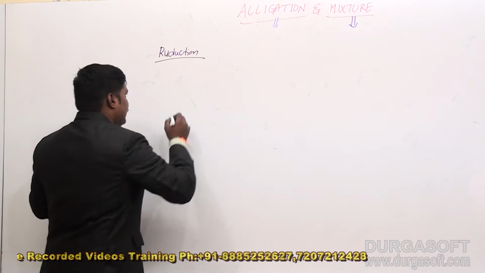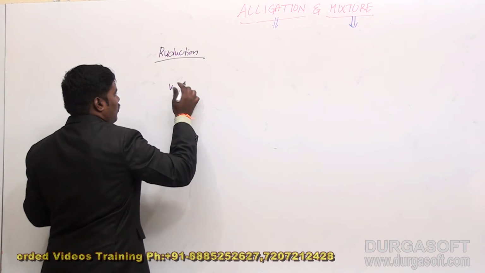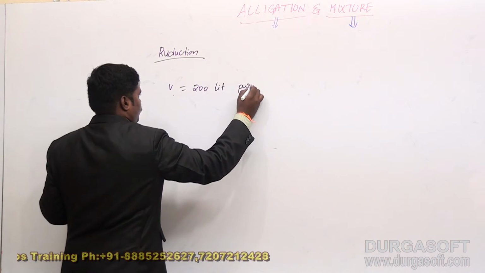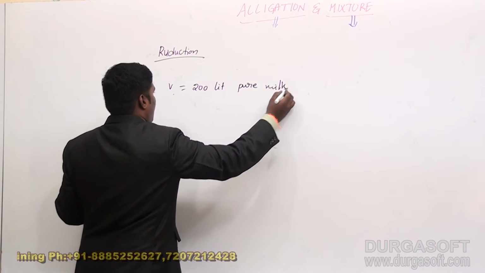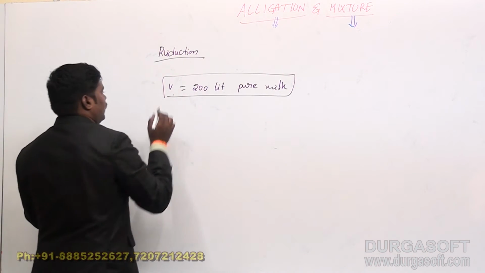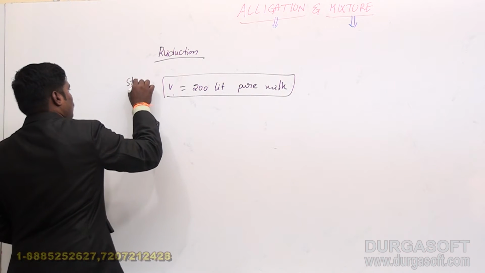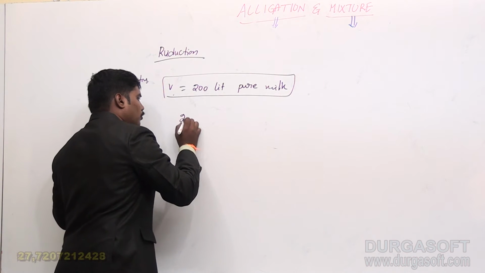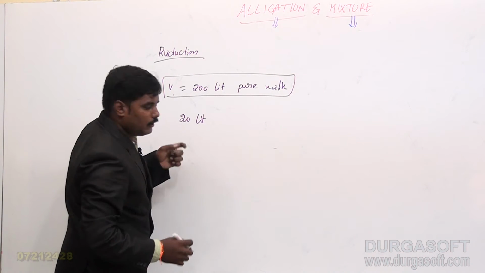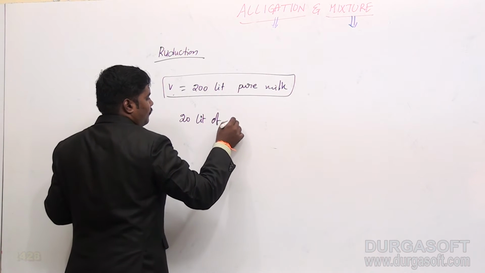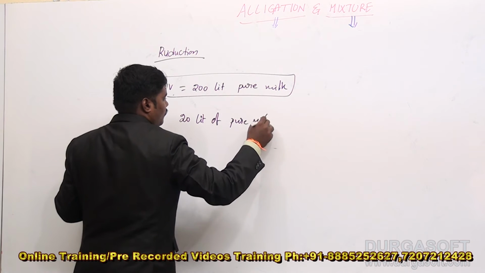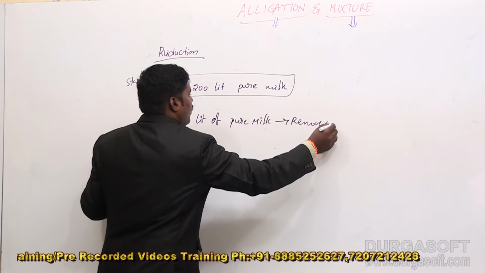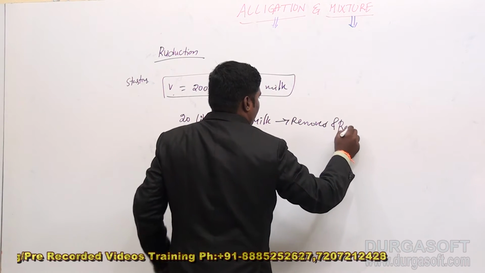Suppose, for example, initially a vessel contains 200 liters of pure milk at starting. If every time 20 liters of pure milk is removed and replaced with water.